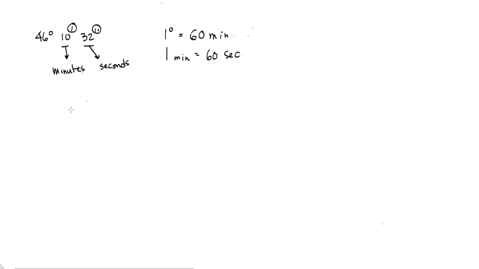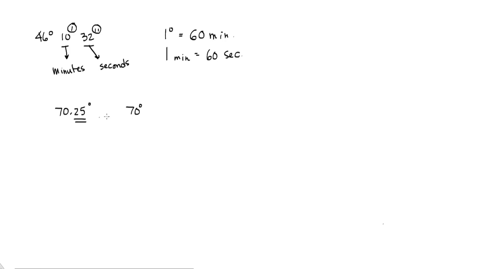Okay? So for example, if I were to say to you we had an angle of 70.25 degrees of measurement, and I said write that in degrees, minutes, and seconds. We know we have 70 degrees, but what is this?